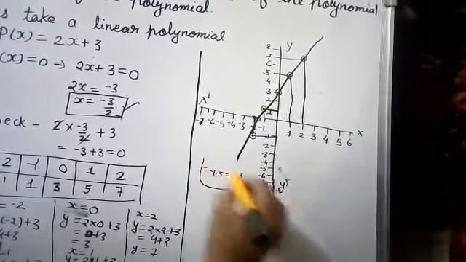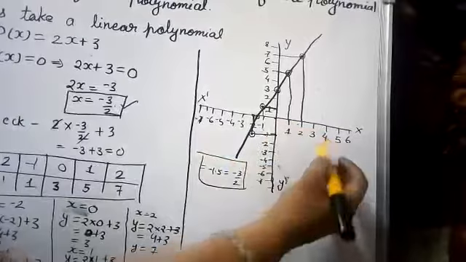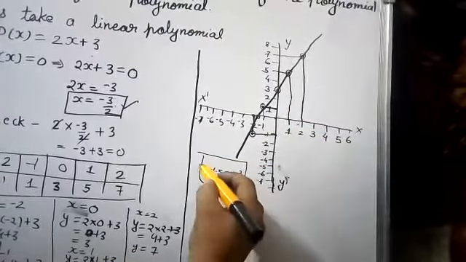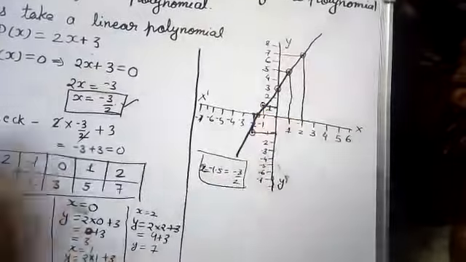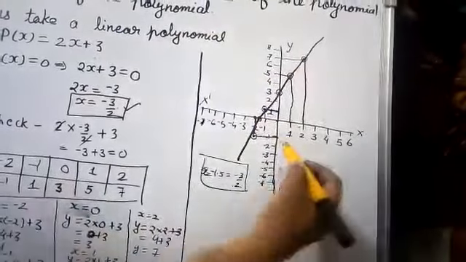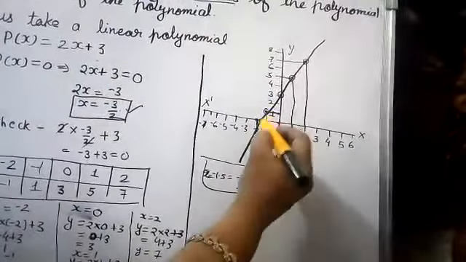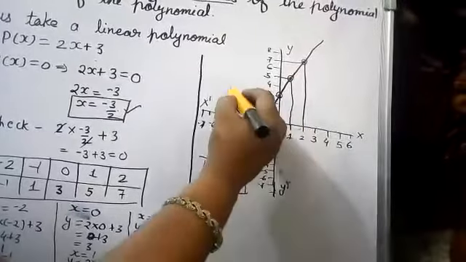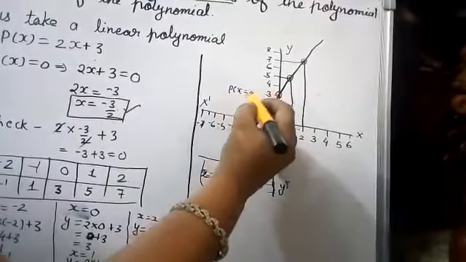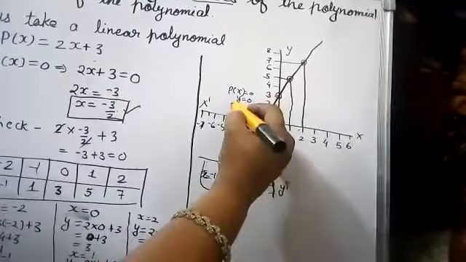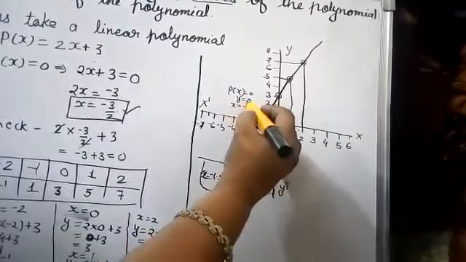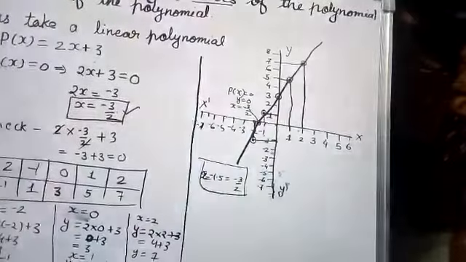So by the graphical method we can see the value of x is equal to minus 3 by 2, at this point p(x) is equal to 0 or y is equal to 0, and the coordinate of x is equal to minus 3 by 2.